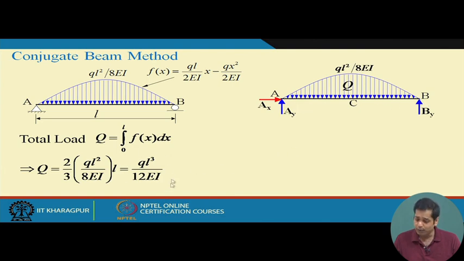This gives qL cube by 12 EI. So this is the total load. Now if we apply the equilibrium conditions on the free body diagram, summation of Fx equal to 0 automatically gives us Ax equal to 0.